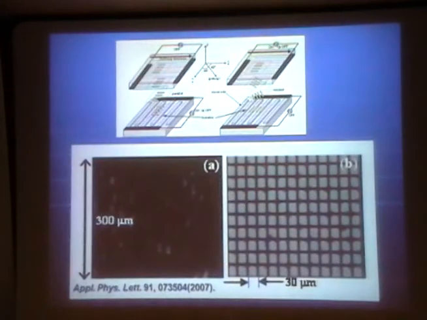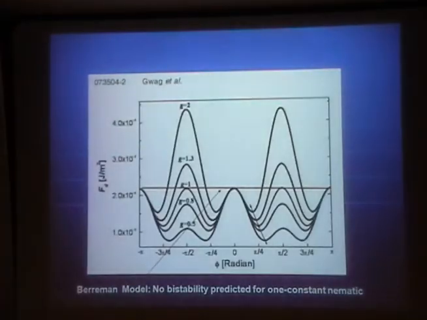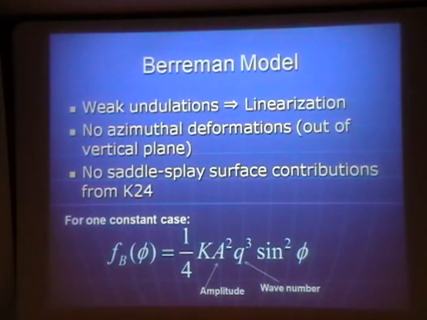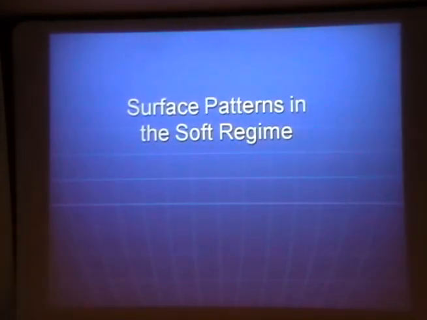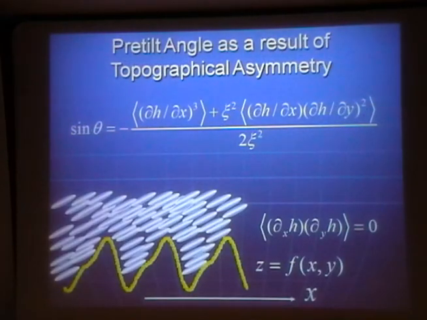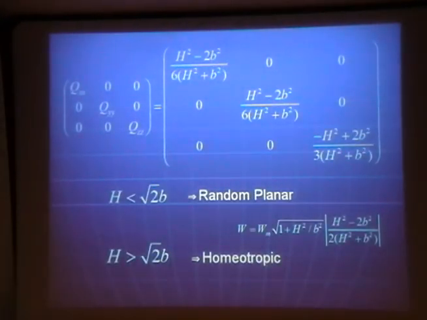And going back to the previous calculation, this is a specific condition where in this case you can have planar alignment, and if the height is big, you can get homeotropic alignment.